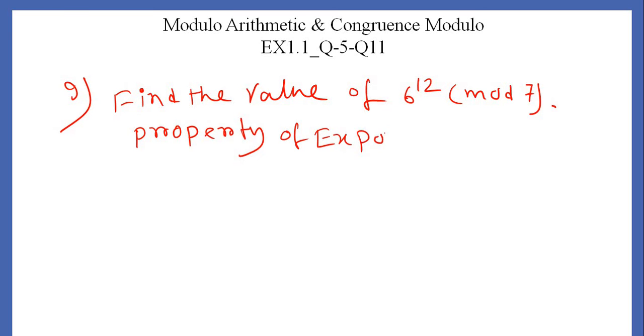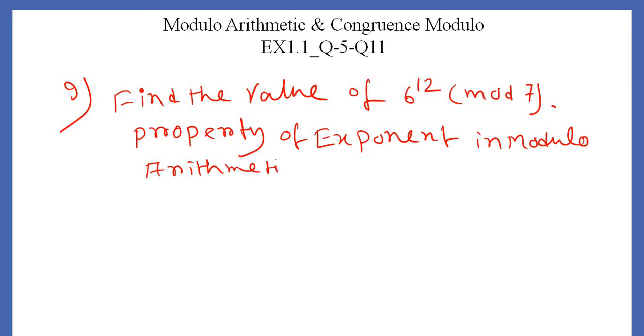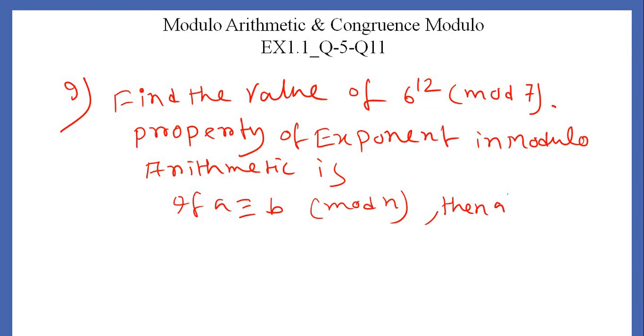Property of exponent in modulo arithmetic is, if a congruent to b mod n, then a to the power k congruent to b to the power k mod n, where k belongs to the natural number set.